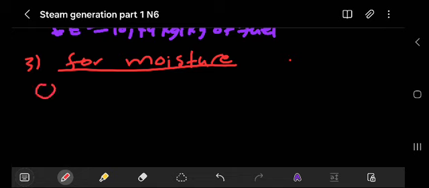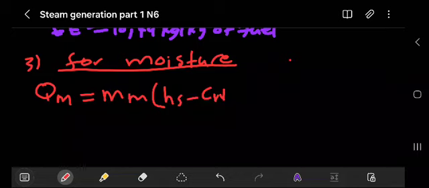I said if you are given the heat of the moisture, this will be the mass of the moisture multiplied by the superheated enthalpy minus the specific enthalpy of water, and then multiply this by the temperature at the boiler temperature.